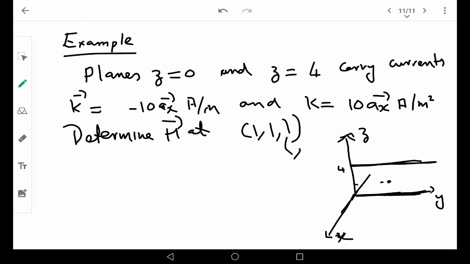So for the first plane, the z equal to 0 plane, and the z equal to 4 plane, you have an aN like this.